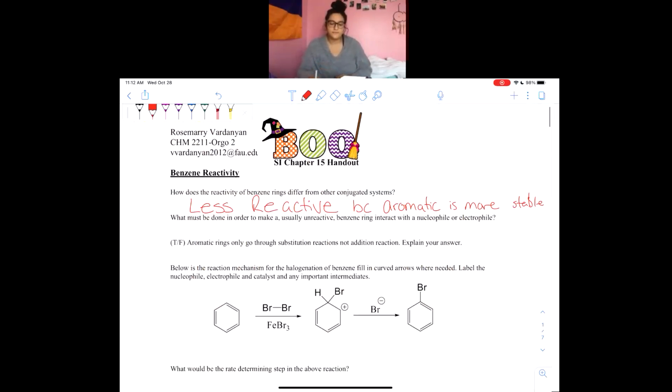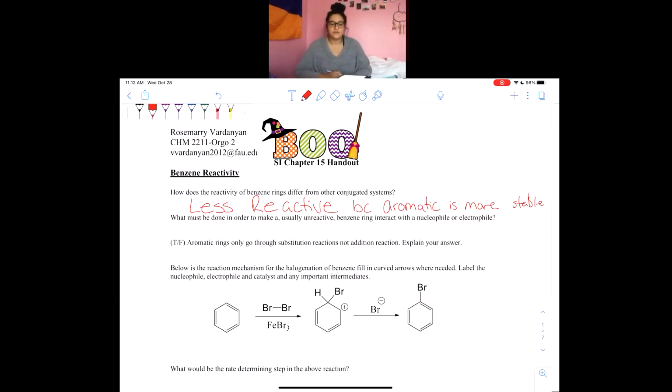This is not something you should already automatically know, but in order to make benzene rings, which are usually unreactive, interact with a nucleophile or electrophile, I'm essentially saying, how do I make an unreactive molecule reactive?